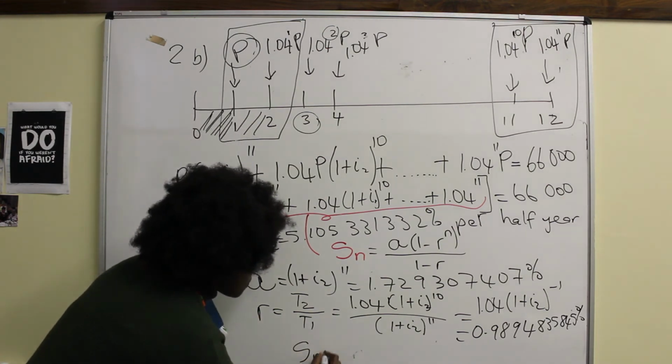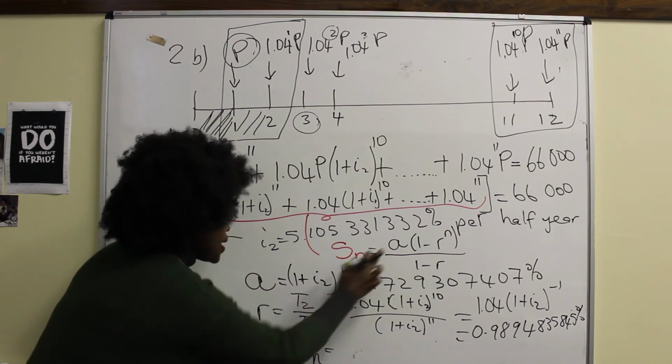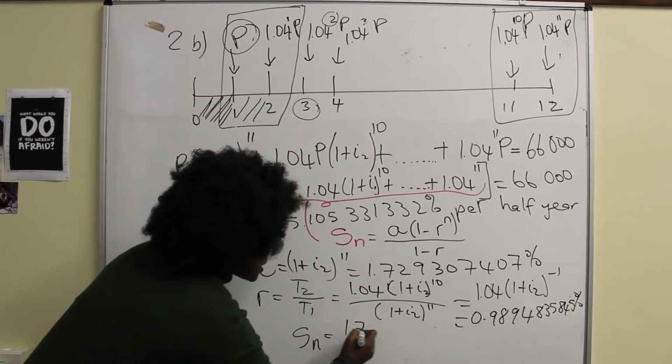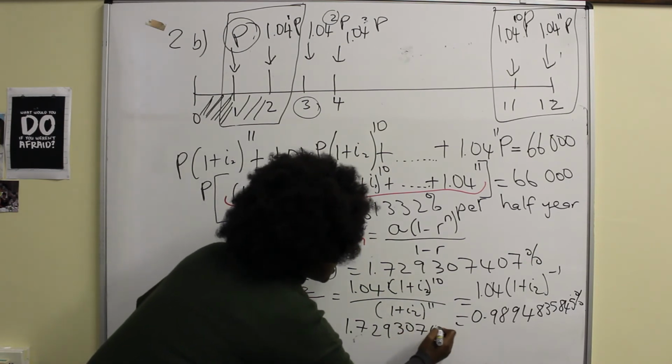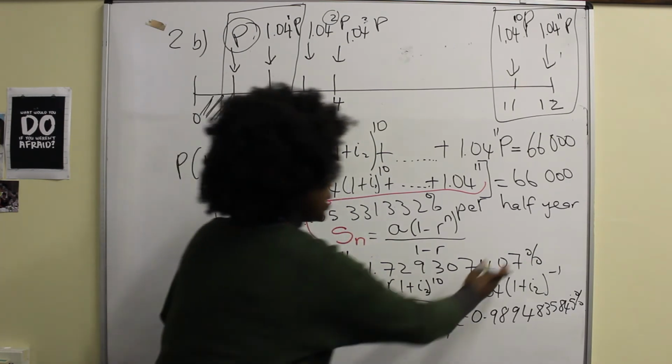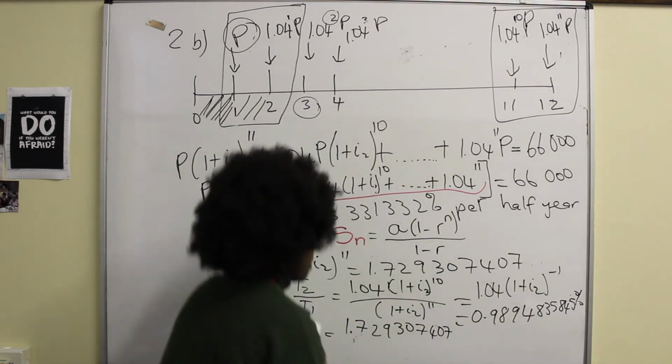So my S_N will be equal to A, which is 1.729307407. My A has no percent here, sorry about that.